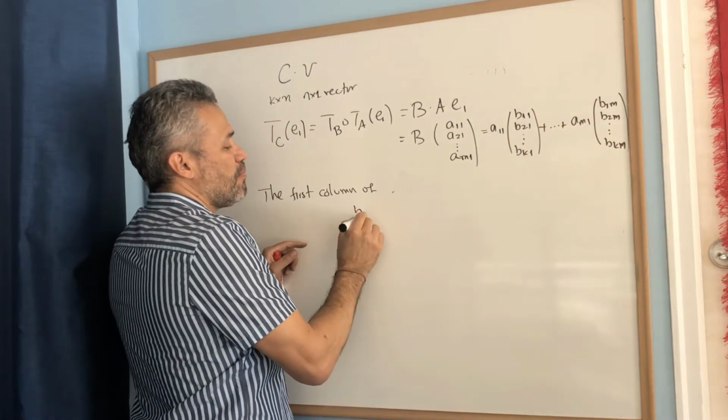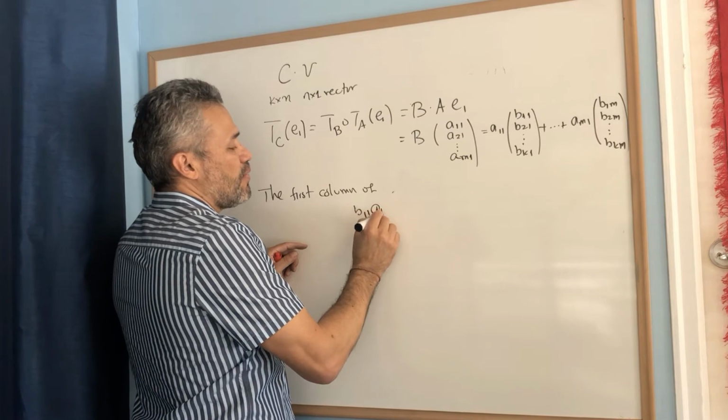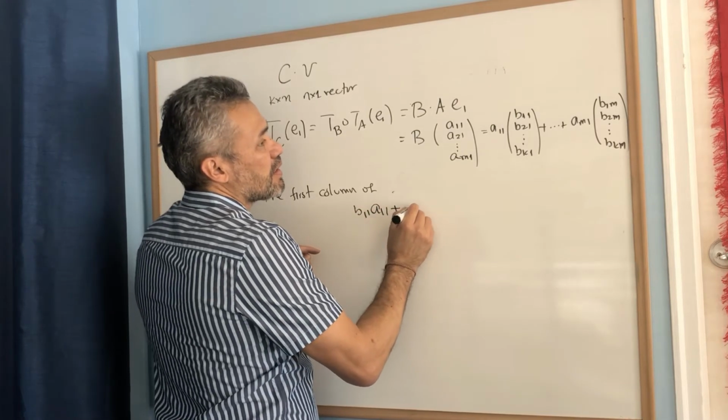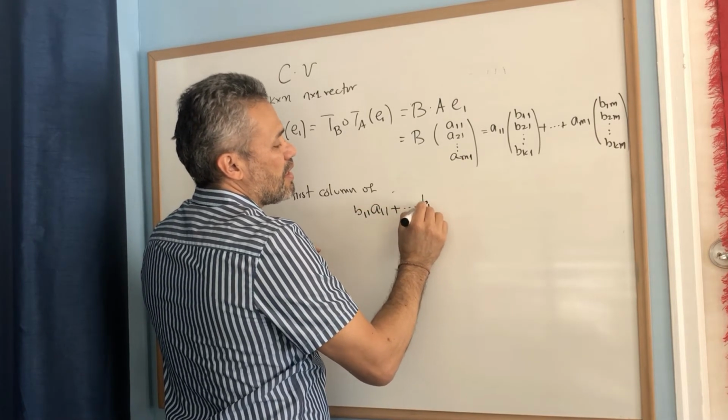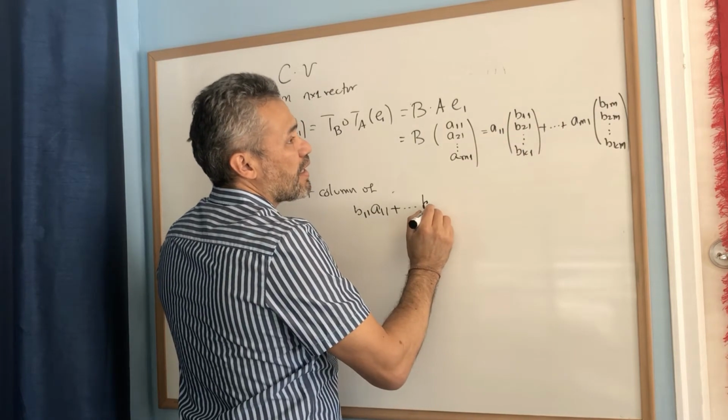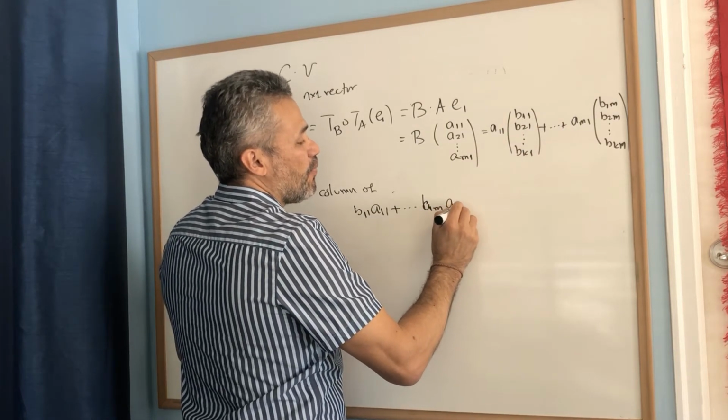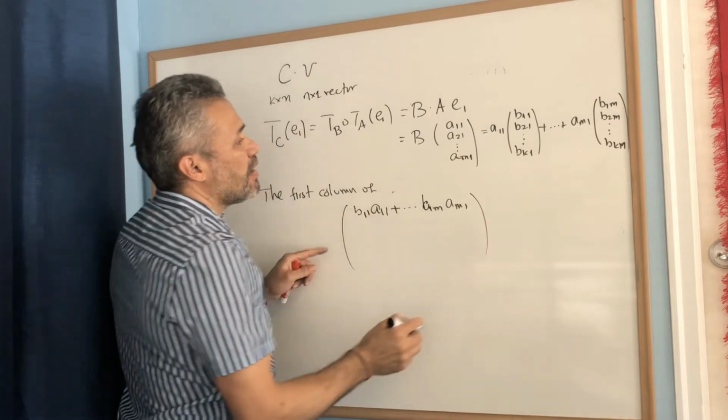B11 A11 plus ... plus B1m Am1. This is the entry (1,1).